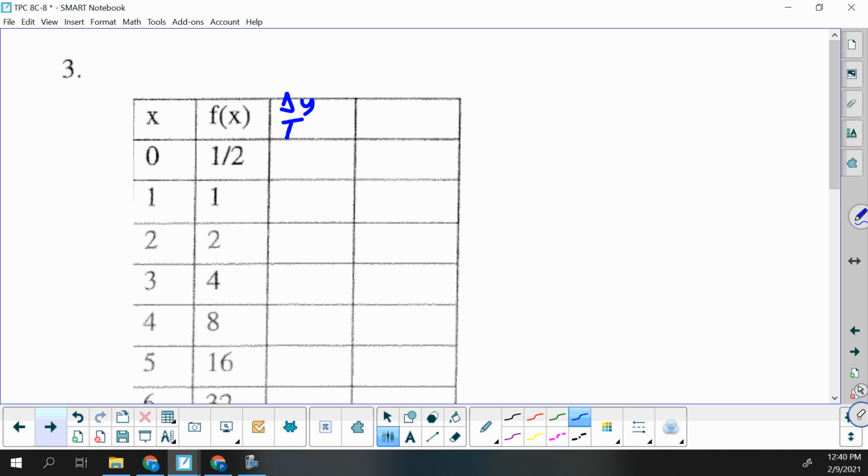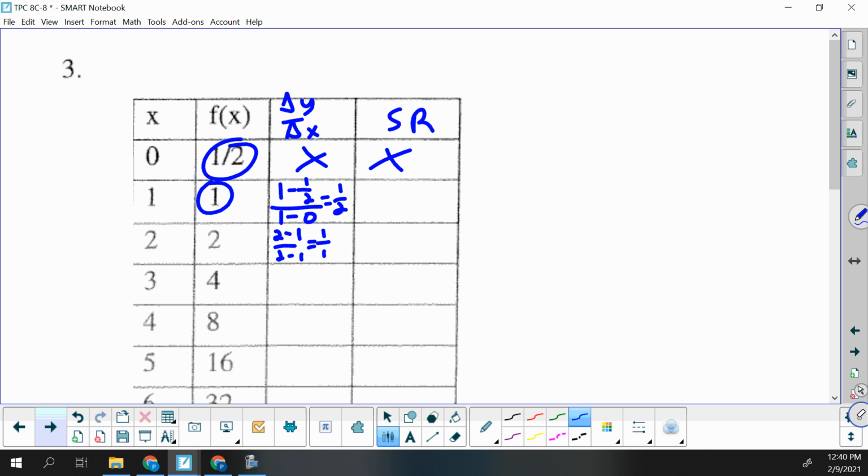So we'll do our change in y over change in x and our successive ratio, and we'll block out the first 2 boxes. So we're going to do y minus y over x minus x. So 1 minus a half, doing that minus that, over 1 minus 0. 1 minus a half gives us a half. Next we'll do 2 minus 1 over 2 minus 1.